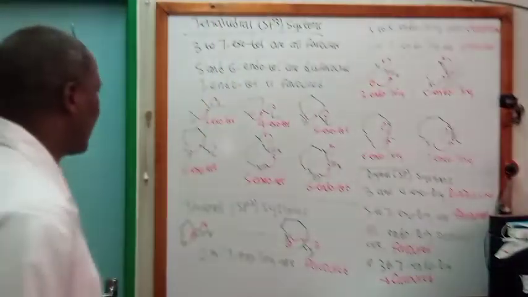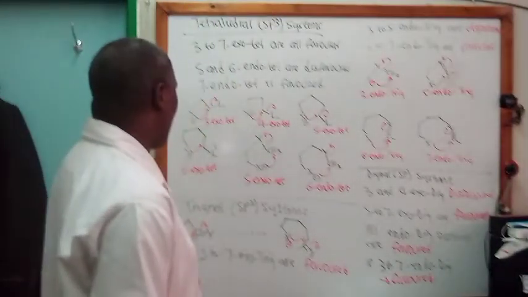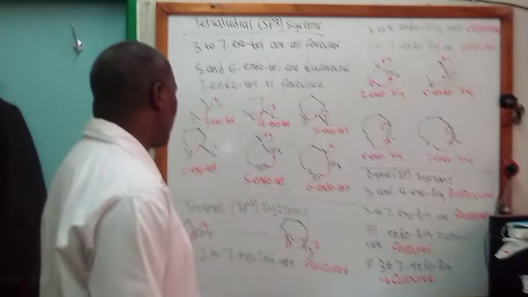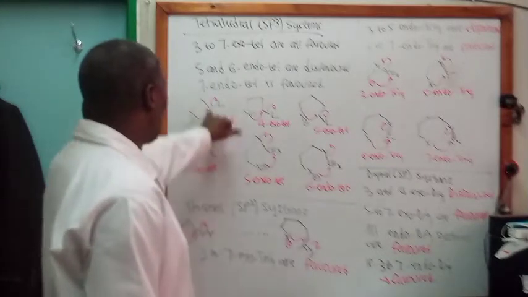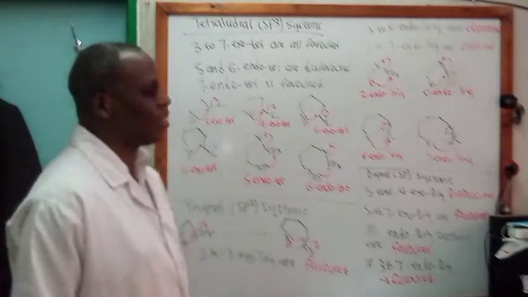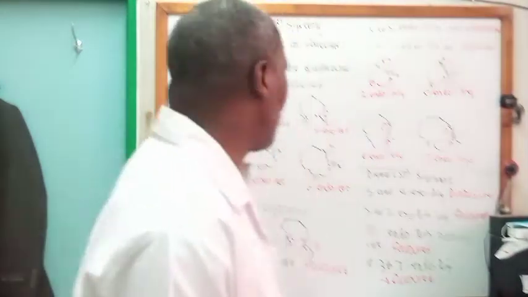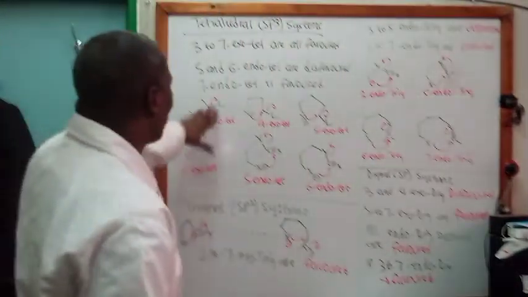These are not favored. And then what you're going to see is that for a 7-membered ring, a 7 endo tet is going to be favored. There's a reason for this.